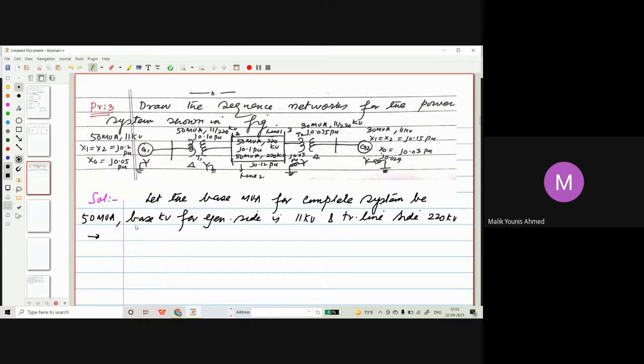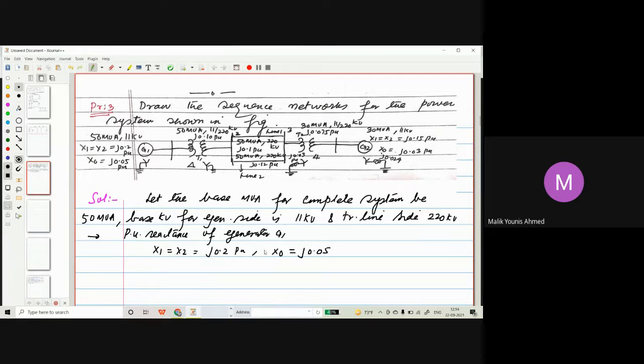So per unit reactance of generator G1. G1 and G2 are the same, so X1 and X2 will be j0.2, because the base values are the same, and X0 in this case will also be the same.